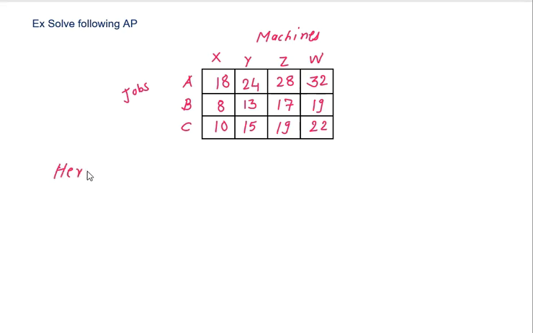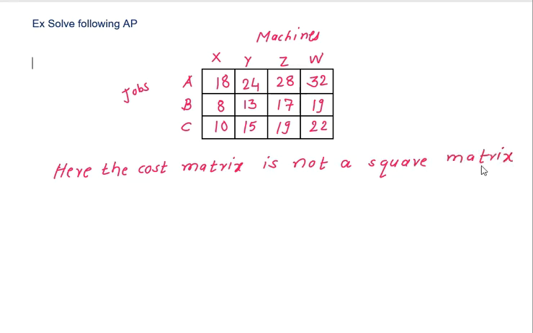Here the cost matrix is not a square matrix. So it is an unbalanced assignment problem.